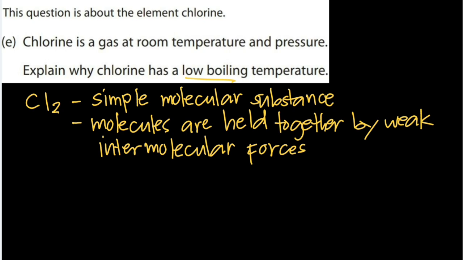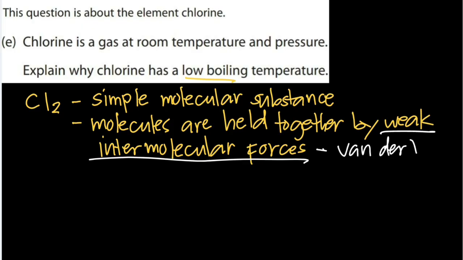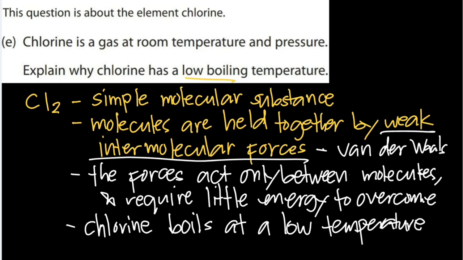And the molecules are held together by weak intermolecular forces, specifically the van der Waals or London dispersion forces. These weak intermolecular forces act only between molecules, not within them, and require little energy to overcome. Therefore, chlorine boils at a low temperature because only a small amount of energy is needed to separate the molecules.